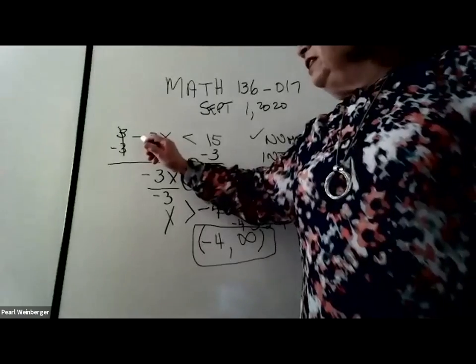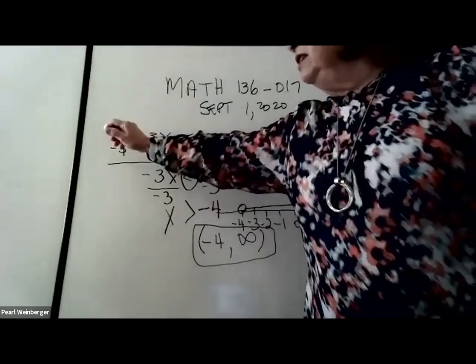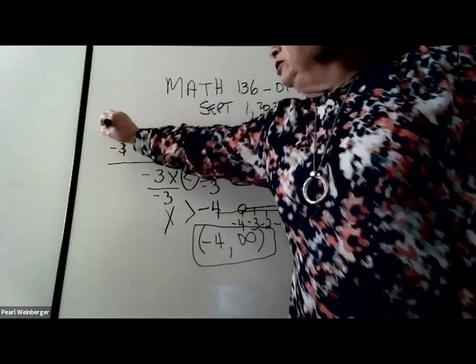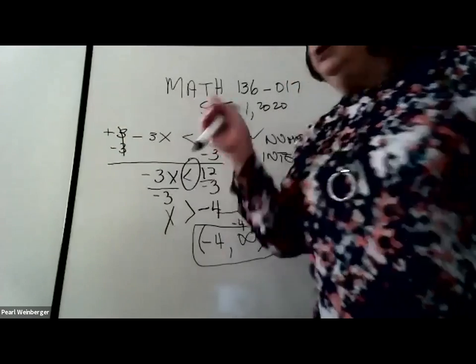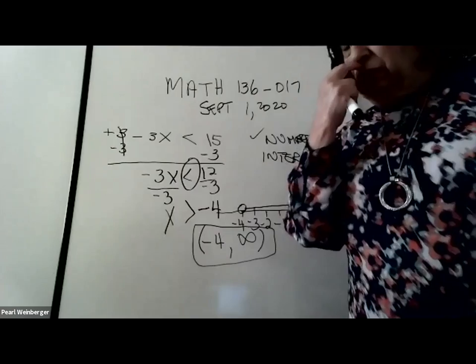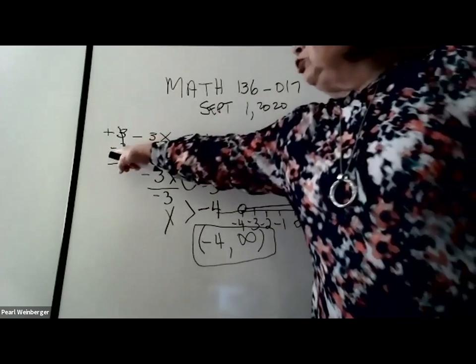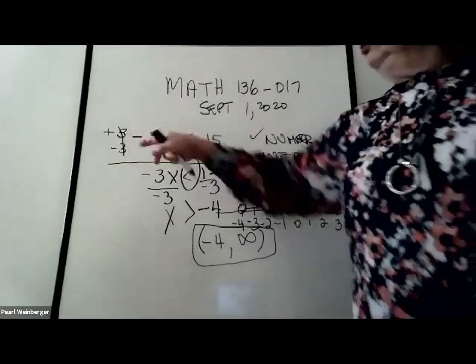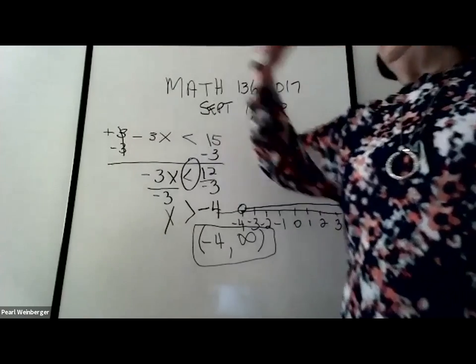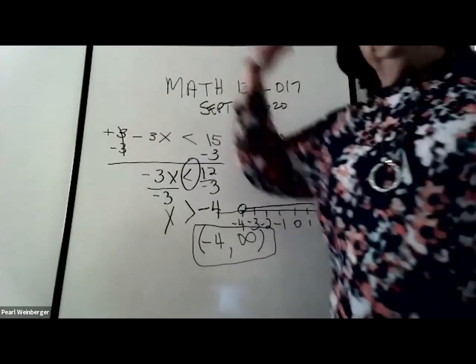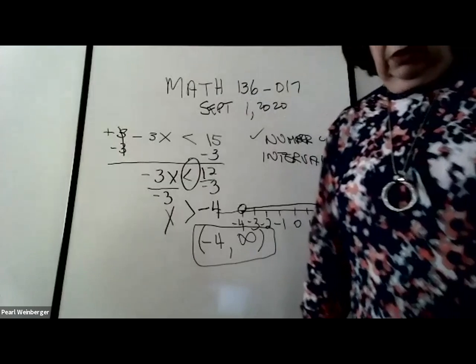Now this 3, I don't look at the sign that's after it, I look at the sign that's previous to it. Now when there's no sign, it's really understood as if there's a +3. That's why I have to subtract 3. I don't ever look at what's following the number, I look at what's preceding the number. Does that make sense to you? Yeah, it makes sense. Okay, any other questions?